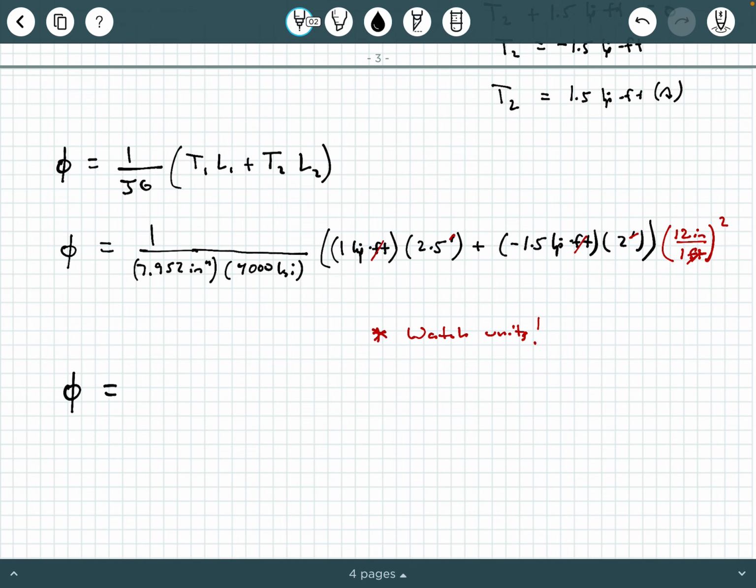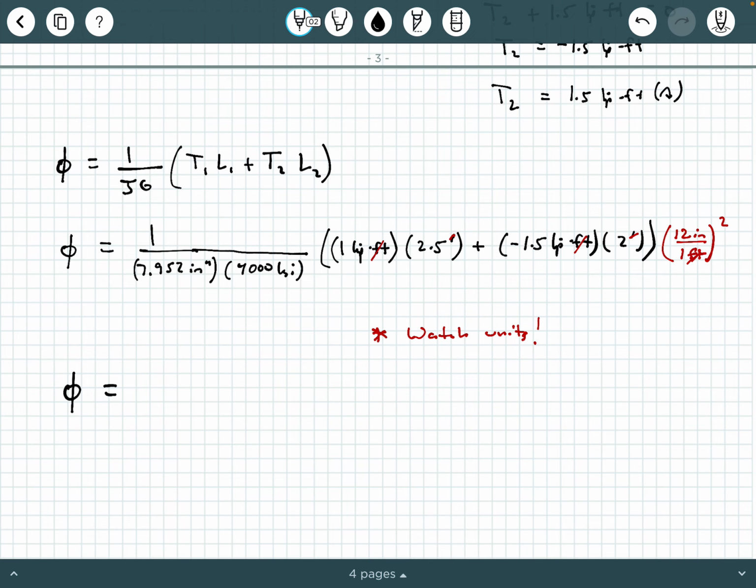So I'm going to punch all this in, and you want to be very careful, okay? Again, don't try to punch all this in at once in your calculator, because there's a good chance you can make a mistake and make a calculator error, all right? So I'm punching it in. Now I'm dividing by JG, 7.952 times 4,000 in that denominator.